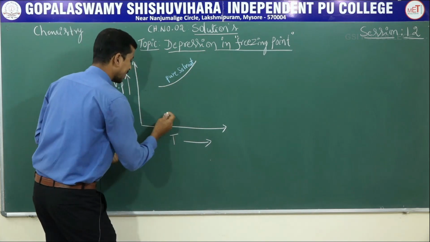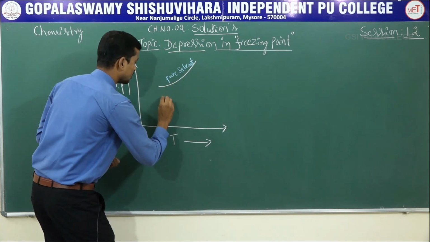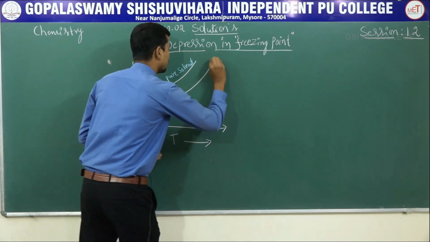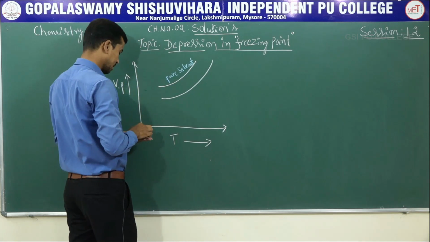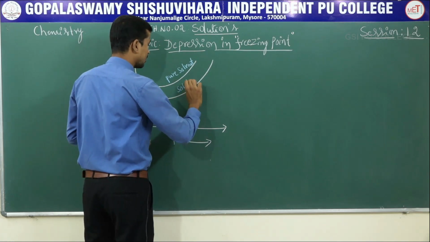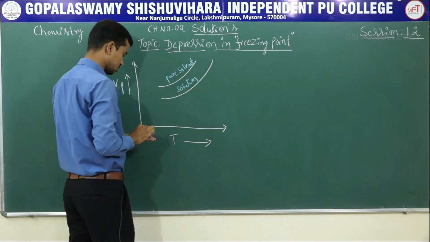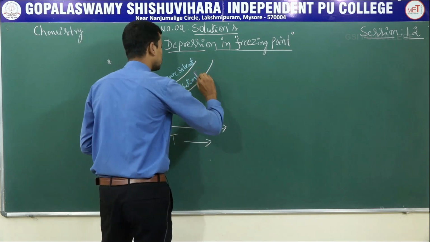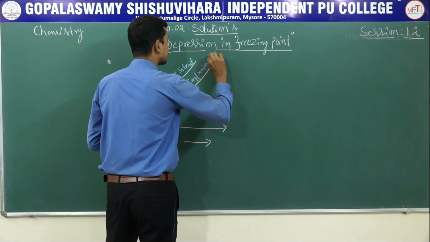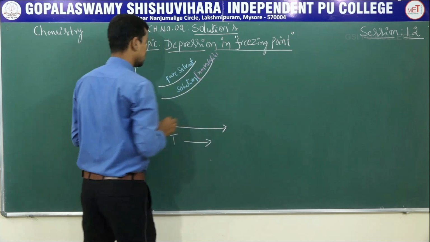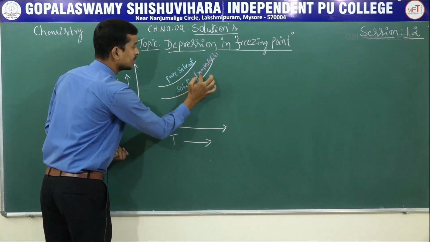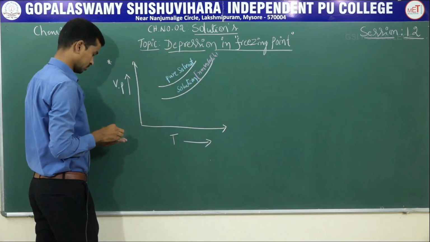Next, at any temperature, the vapor pressure of a solution is less than the vapor pressure of the pure solvent. The solution contains which type of solute? Non-volatile solute. The solution in brackets indicates the solution containing non-volatile solute.